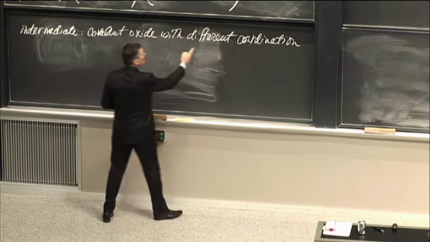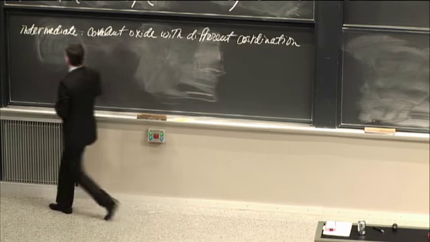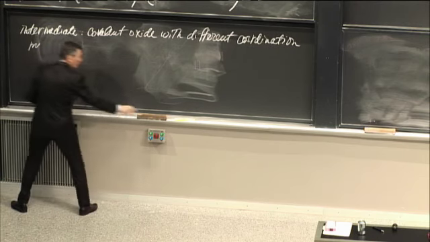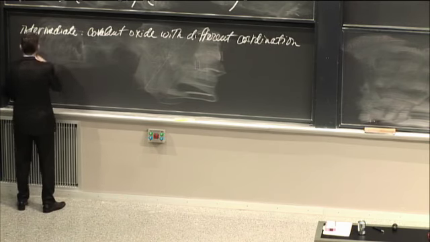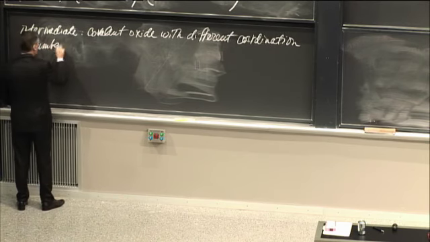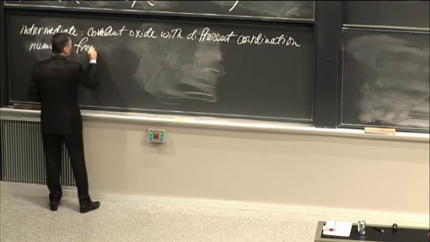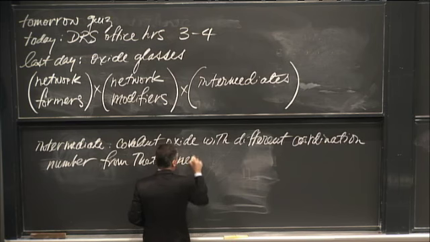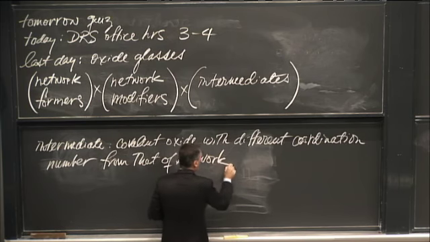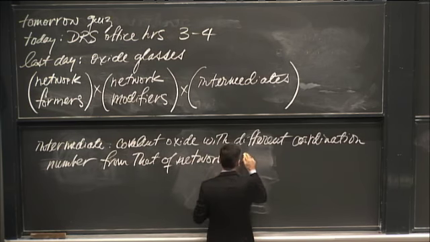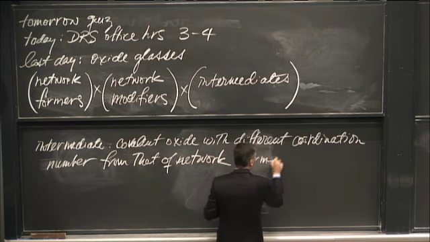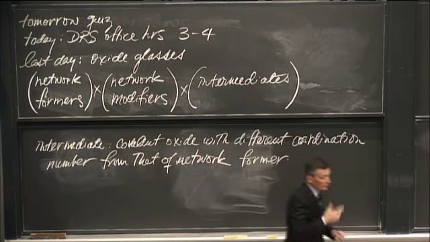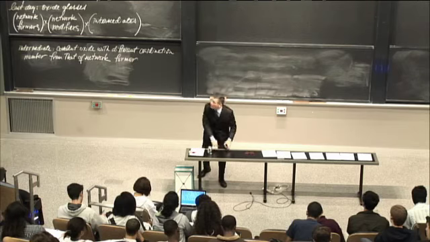So it's a covalent oxide with different coordination number, that is nearest neighbors in a covalent sense from that of the network former. So you can add a borate or aluminate, what have you, and that'll give you thermal shock resistance. And so alumina here is acting as an intermediate.